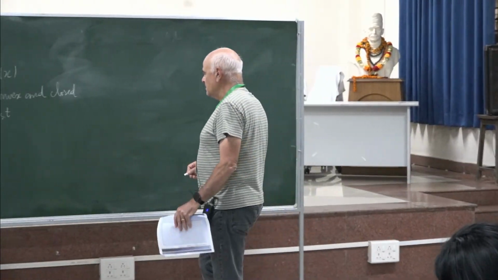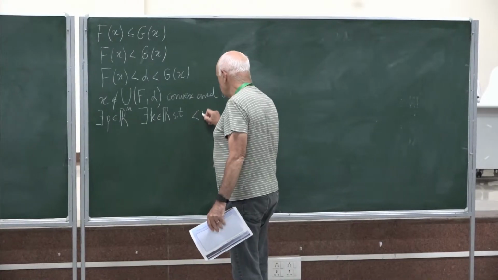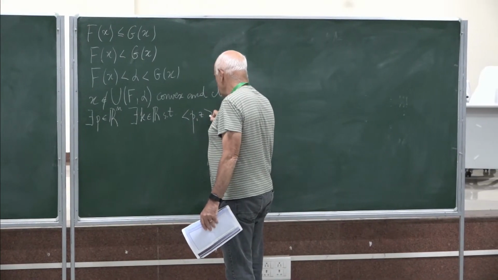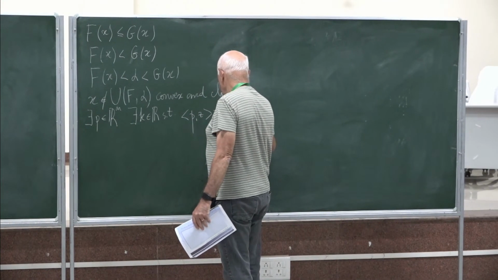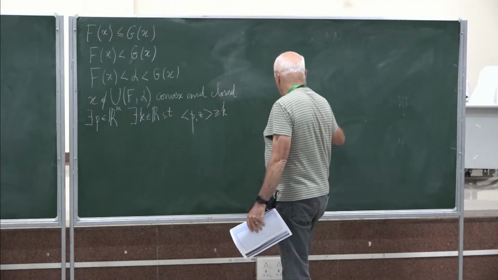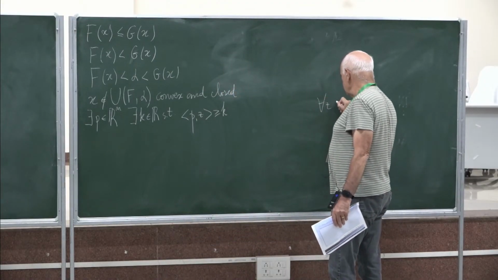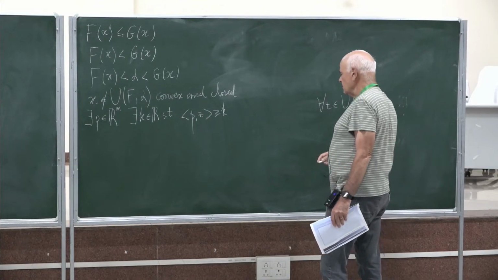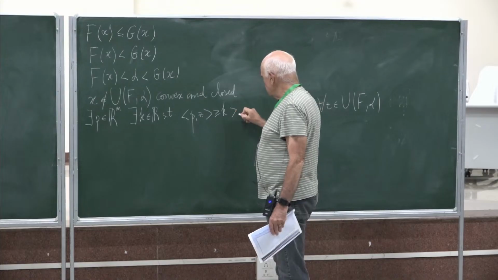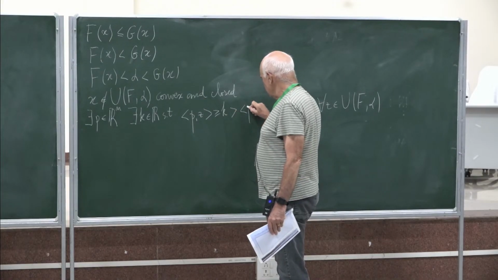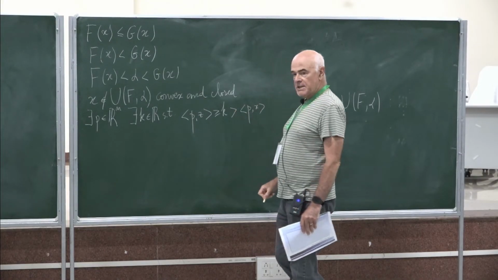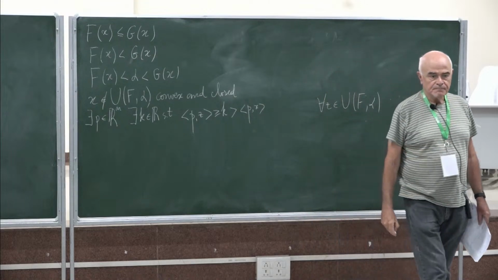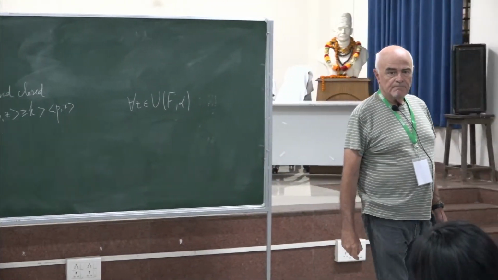So this is true for every Z in U of F alpha, but it's not true for X. It separates X from the upper level set. Clear?